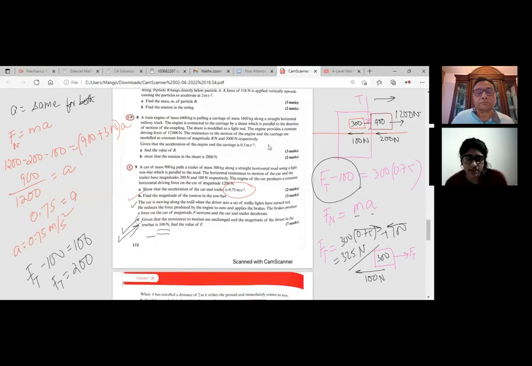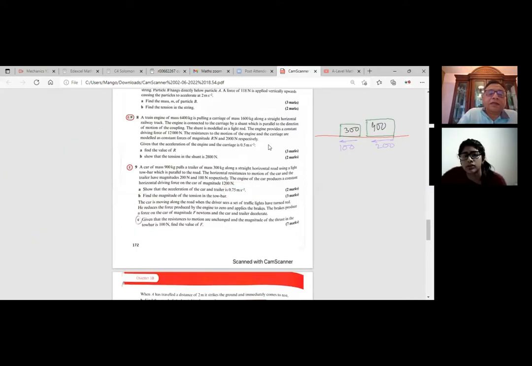Now the scenario has changed: brakes have been applied. The driver sees the traffic lights turn red and reduces the force produced by the engine to 0. So that extra 1200 is gone, and he applies brakes.